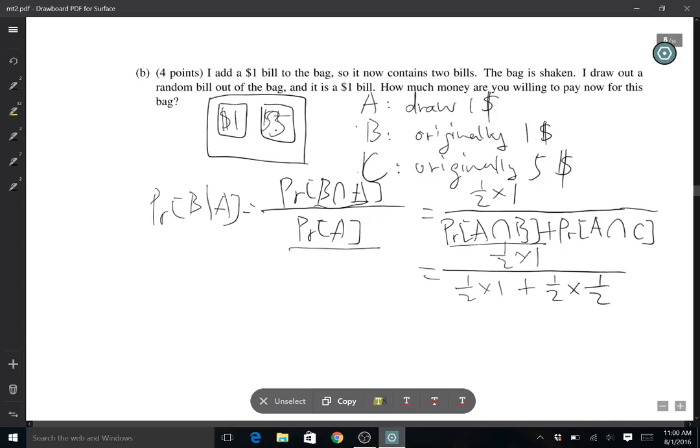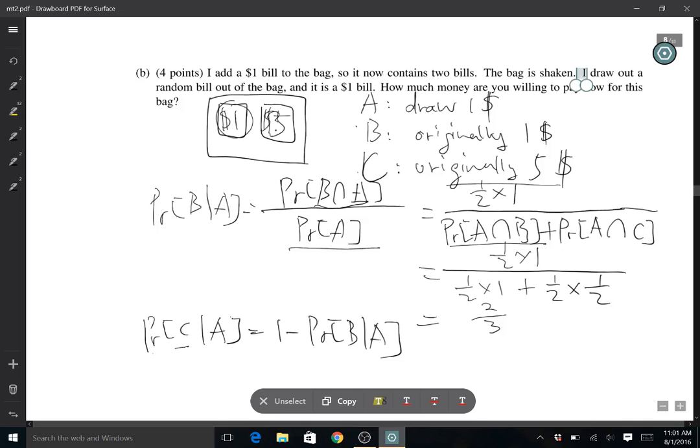So this will give you 2/3. Same here, the probability of C given A is exactly 1 minus the probability of B given A, because either originally there's a $5 bill or originally there's a $1 bill. So this will give you the probability of 1/3.